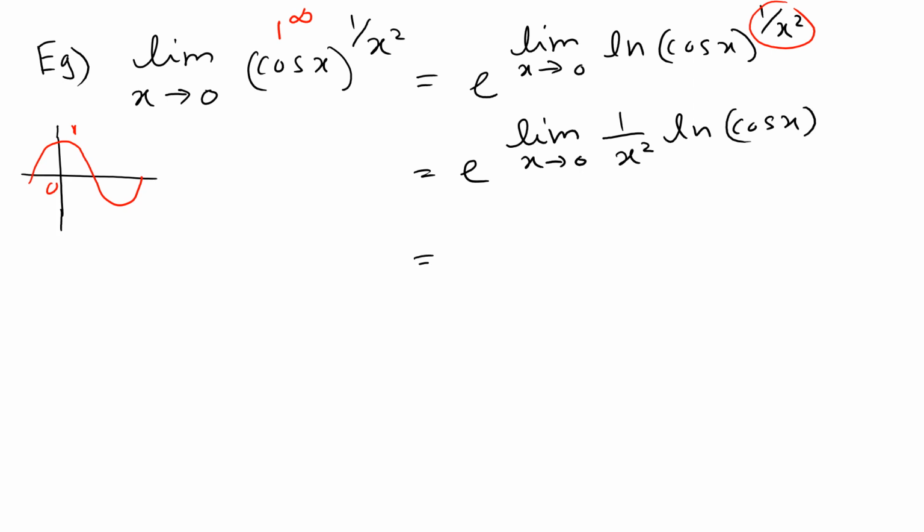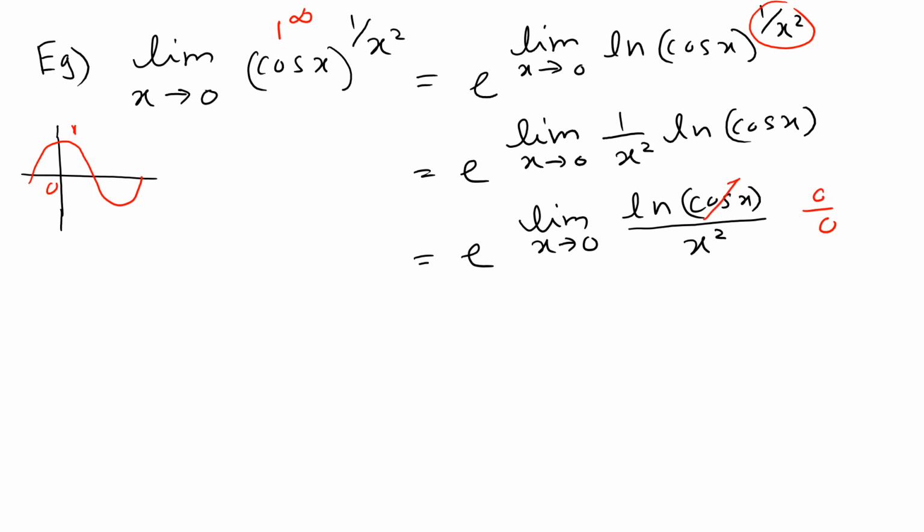So again, remember there are different types of arguments. You can bring the x squared underneath, because that's going to give you one step closer when you do that. So you can directly write it. So ln cosine x, you have to write this on top, with x squared underneath. So then when you do that, when x goes to 0, you can see this is a 0 over 0 situation, because cosine goes to 1, and when cosine goes to 1, ln cosine goes to 0.